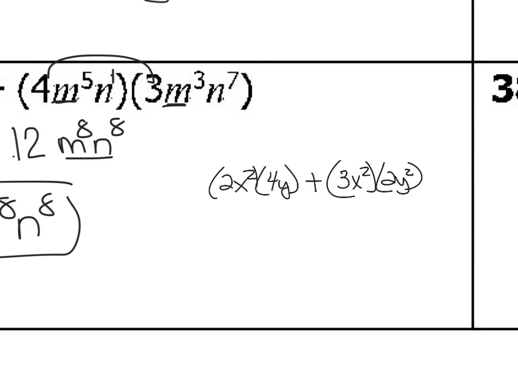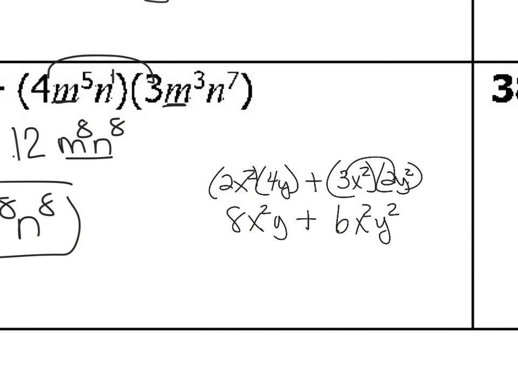All right, so do your multiplication first. So it'd be 8, and the x, that's the only one I have, and the y is the only one I have. Bring down your plus sign. So 3 times 2 is 6. X squared is the only one I have, and y squared is the only one I have.